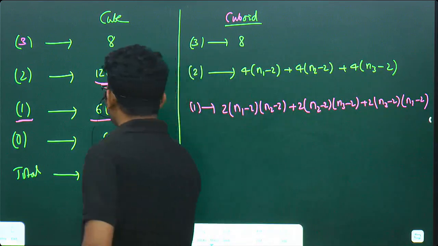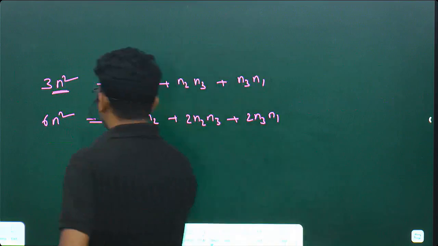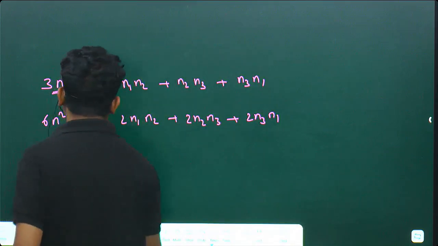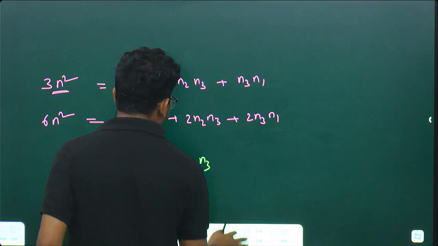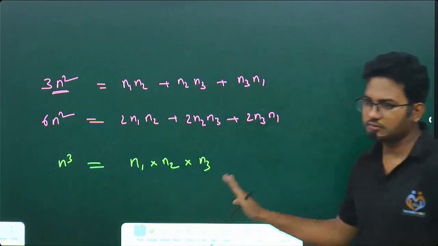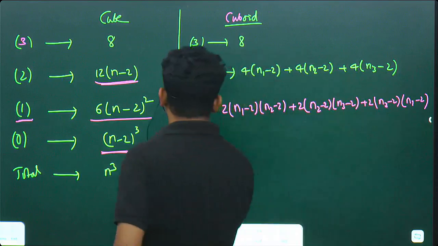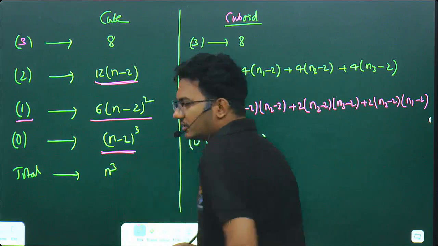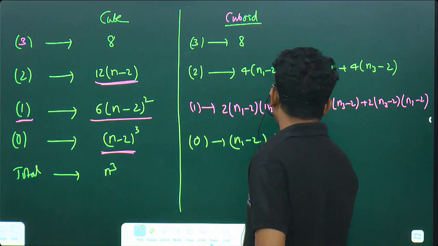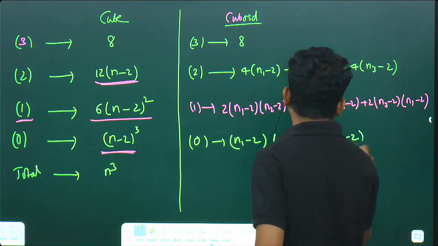Again, this is quite simple. This also we need to divide into three parts. n cube can be divided into three parts like this: n1 into n2 into n3. Now in place of n1, n1 minus 2; in place of n2, n2 minus 2; in place of n3, n3 minus 2.